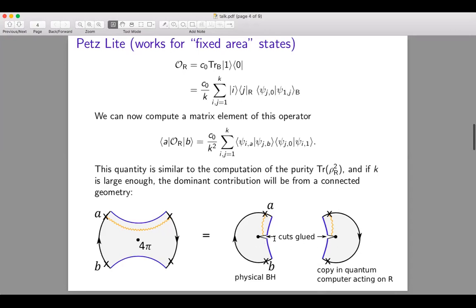So this connected geometry that I drew here with a 4 pi conical angle around that point is actually the geometry shown at right. It's two copies of the standard half moon diagram that have been cut and then glued together, so that these black dots here are conical singularities with total angle 4 pi.